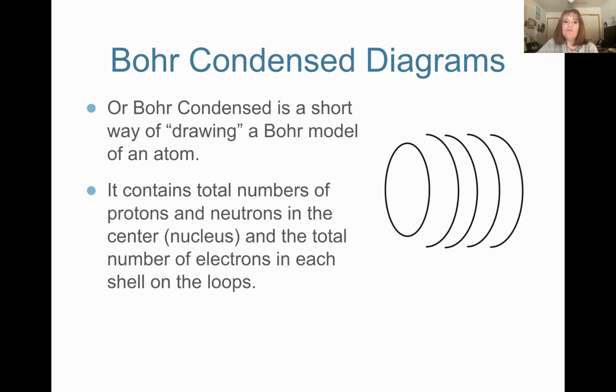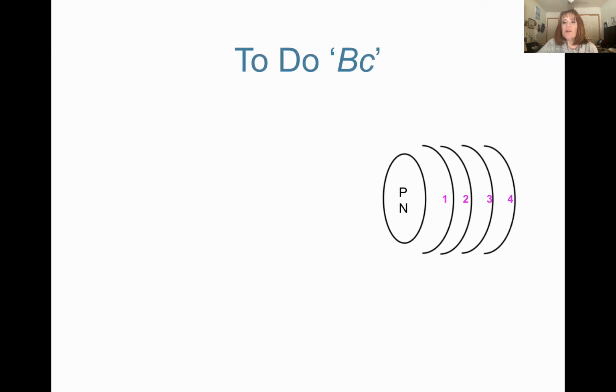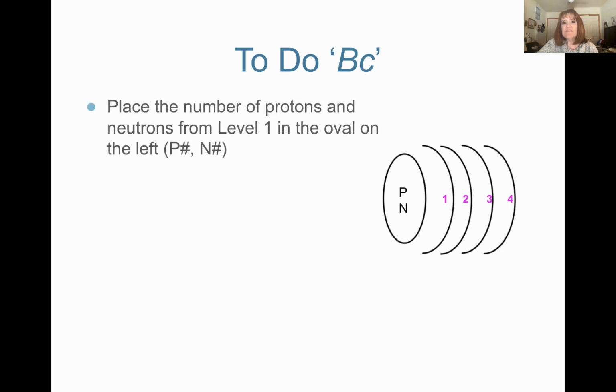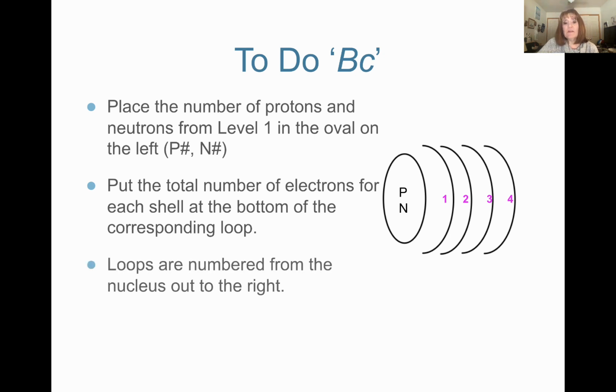It contains the total number of protons and neutrons in the nucleus and the total number of electrons on each shell or loop. So we start with protons and neutrons in the nucleus. We label the shells 1 through 4, or 5 if you need more, going away from the nucleus.